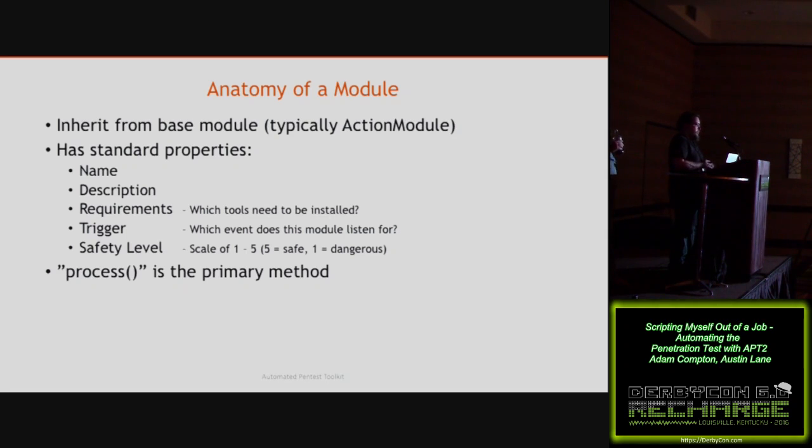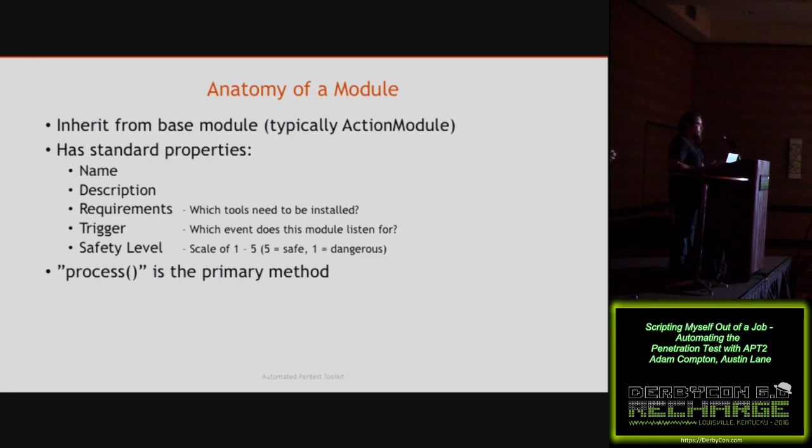What is the name of the command that's going to be run in this module? The description helps. Is this going to run a tool in discovery mode just to identify something, or is this going to run in some sort of exploit mode to actually try to create a shell on the machine or take advantage of it? Requirements, this is typically the name of the application that this module is going to run.